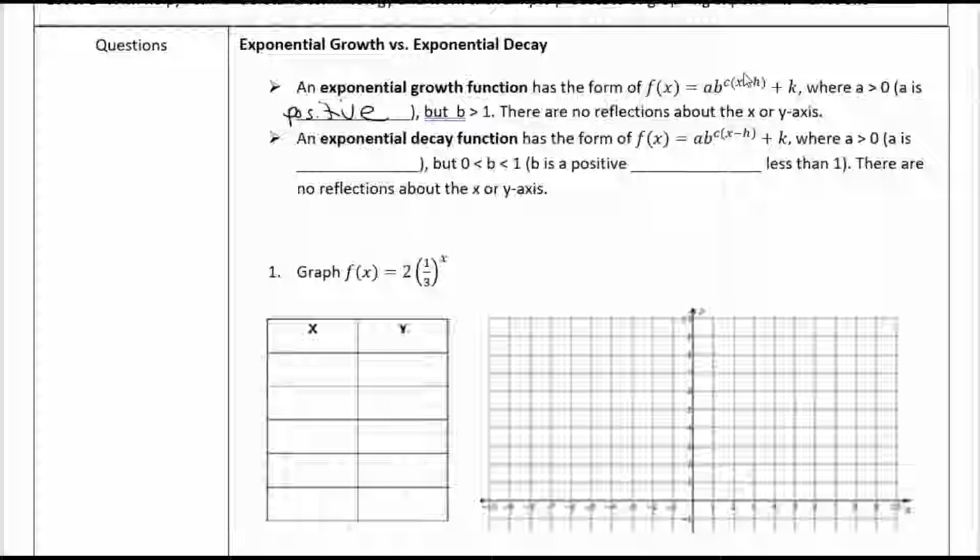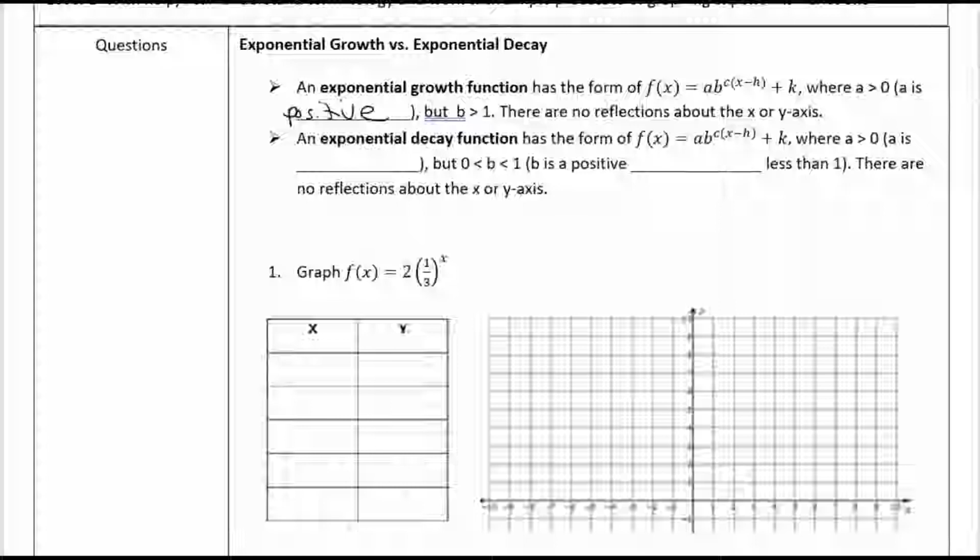For example, b could be 2 or 3 or 4, and that's what makes it an exponential growth function. We're going to ignore any reflections about the x or the y-axis. We're only focused on whether a is positive and b is greater than 1, and that's what makes it growth.